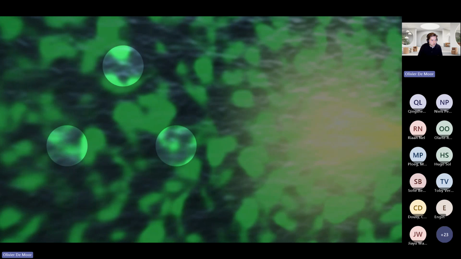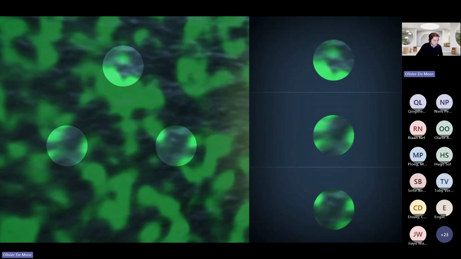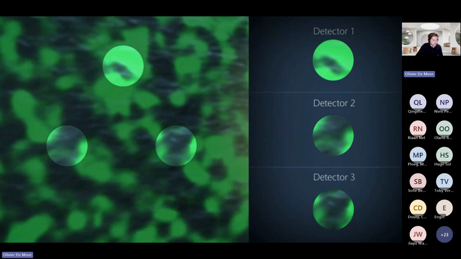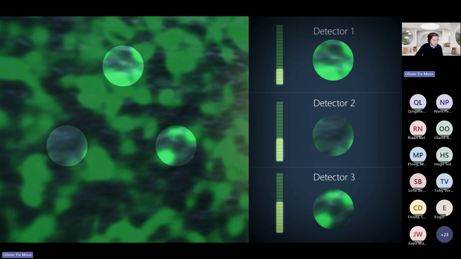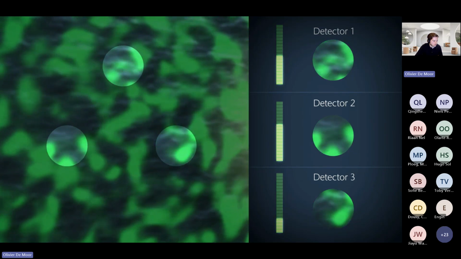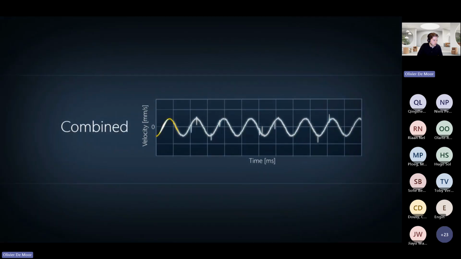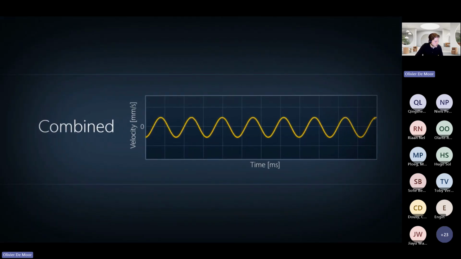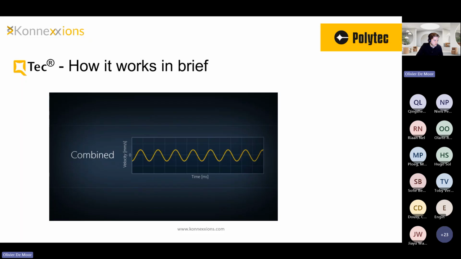And now in each detector channel, there will be a different speckle pattern. And if there's a dropout occurring in one of the different detector channels, in the other two channels, there will be no dropout. So this will then be combined to a completely clean, dropout and speckle-free signal, which is much more reliable than a single path detector.